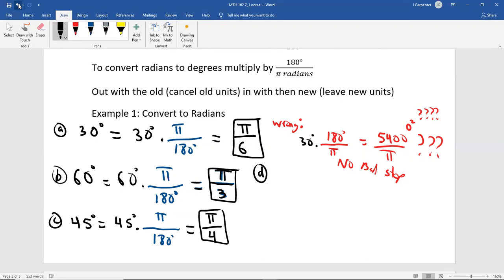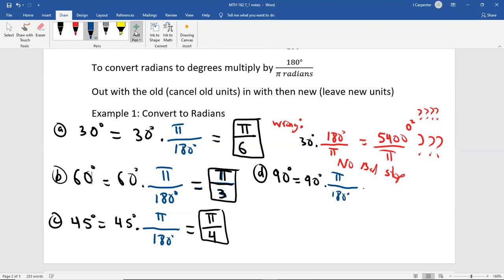It's good to see. For D, 90 degrees, another extremely popular angle that we'll deal with all semester long. So we multiply by a fraction. Oh, I forgot to do the equals. By a fraction, clearly pi over 180.